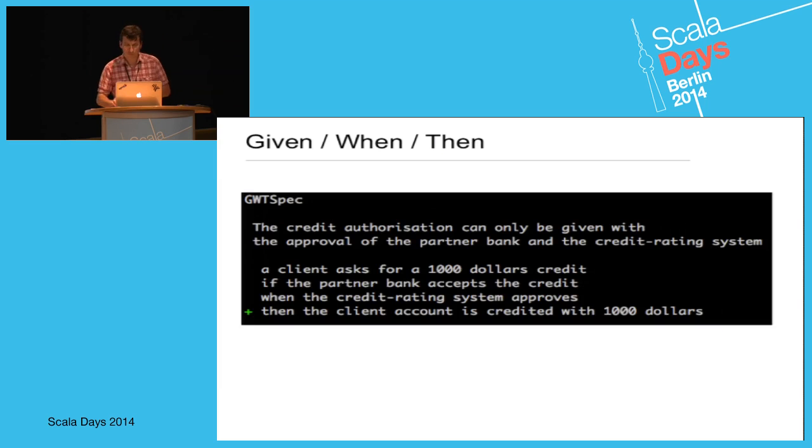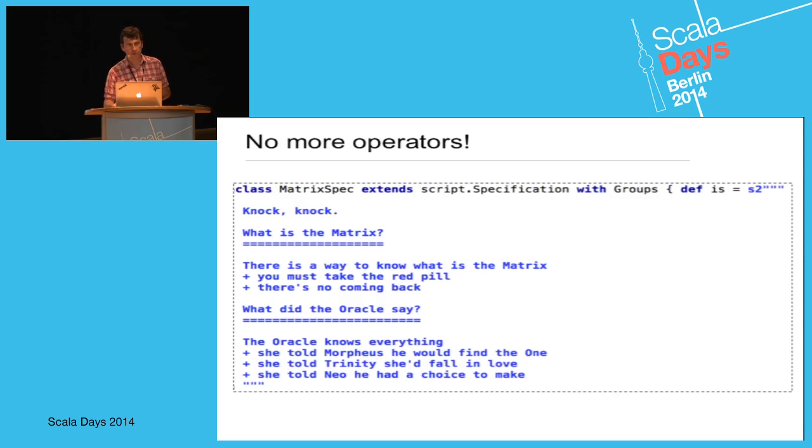have something like that. But the cool thing about working on the given when then style is that it gave me an idea of how we could write something which looks like Cucumber in a way, where you have a pure piece of text which is kind of magically related to the code somewhere. And this is called example groups and scripts and templates.